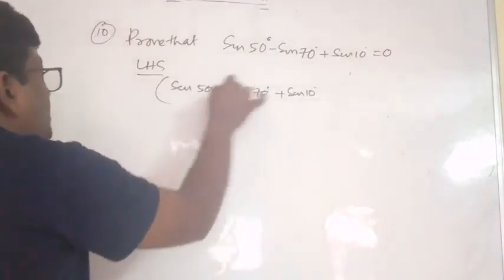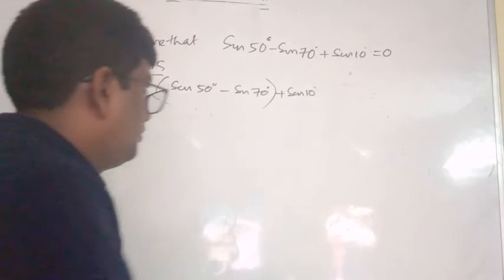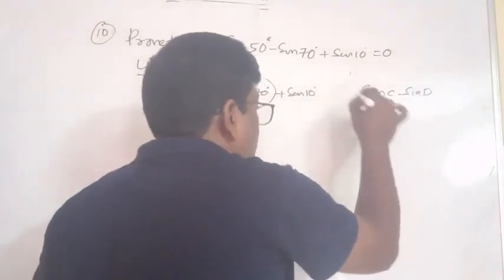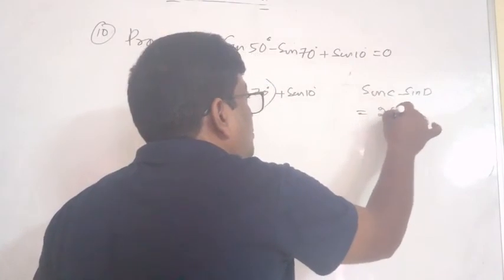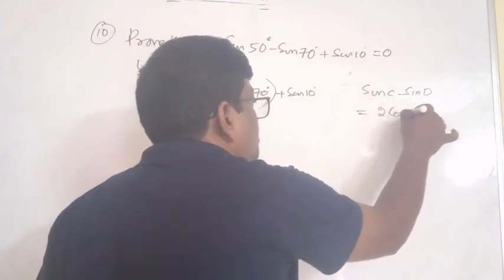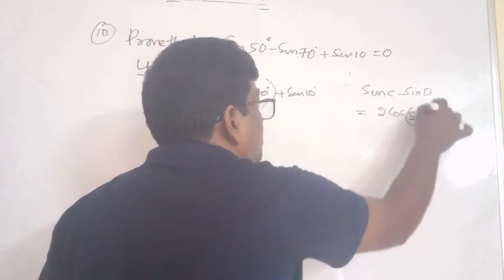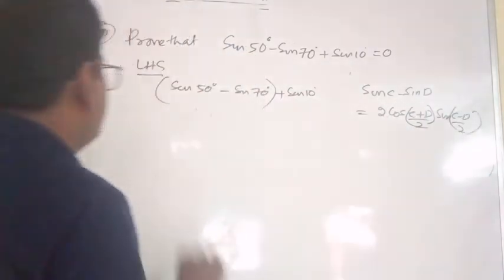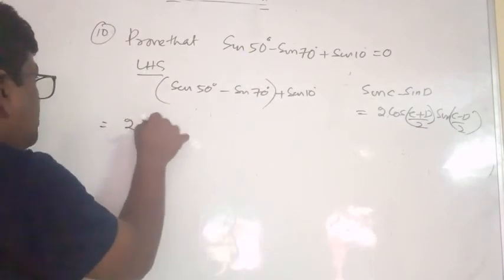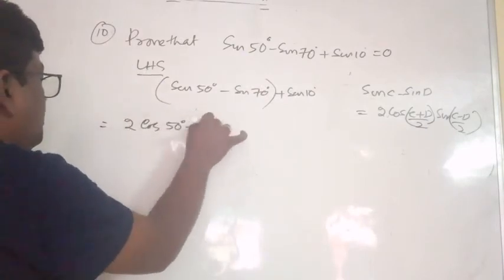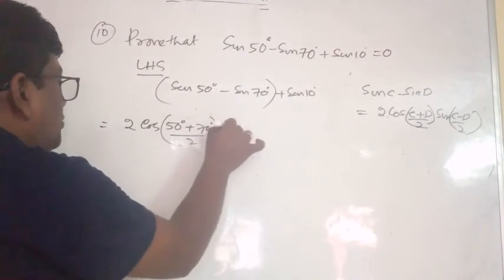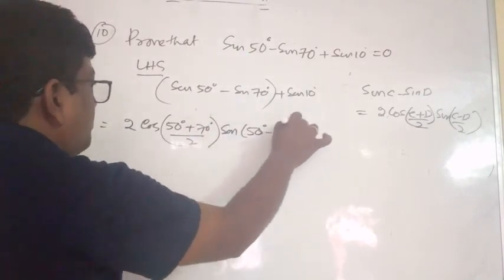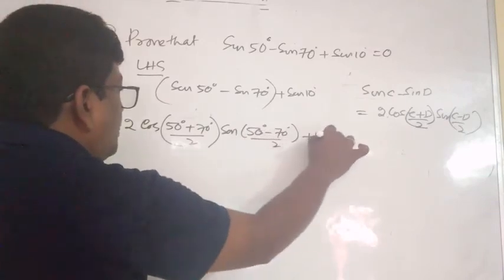Apply the sin c minus sin d formula, which is 2 cos (c plus d) by 2 into sin (c minus d) by 2. So this is equal to 2 cos (50 degree plus 70 degree) by 2 into sin (50 degree minus 70 degree) by 2 plus sin 10 degree.